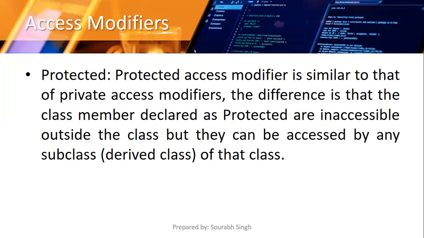But if the child class is inherited by another class, then those members will become private to its subclass. So till here it can be accessed, but after that these members become private.